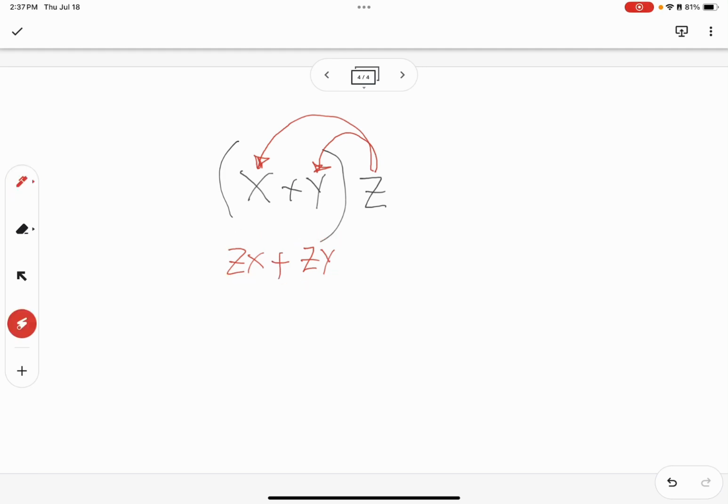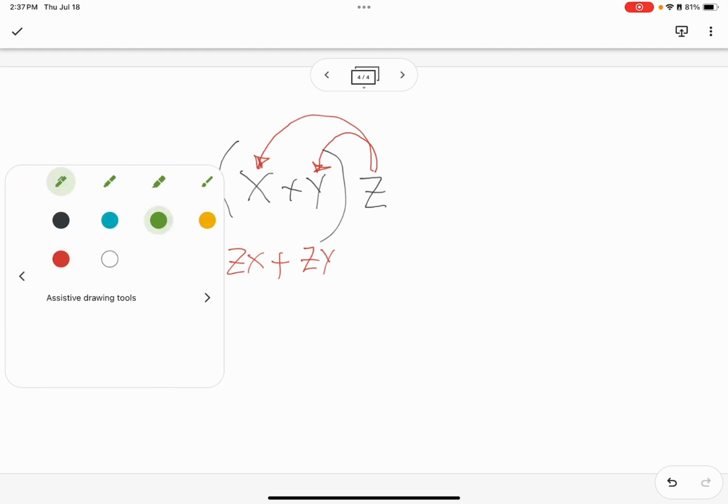Okay? Something Mr. Pacheco said, this is correct, but standard form says we should do it in alphabetical order. Which comes first in the alphabet, Z or X? X does.